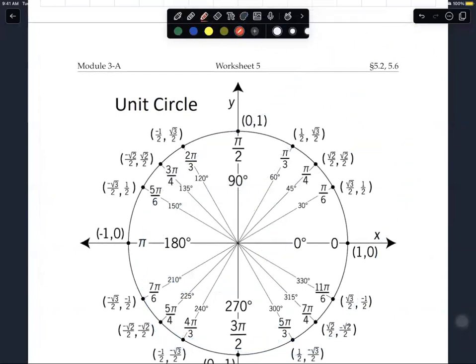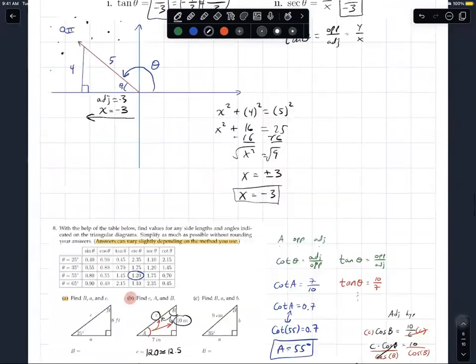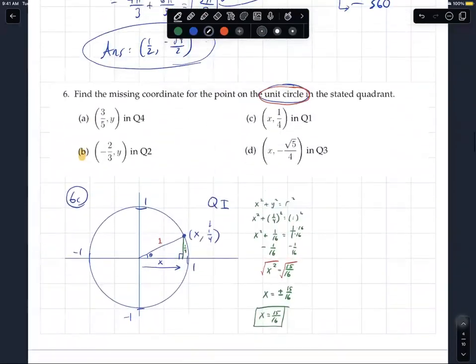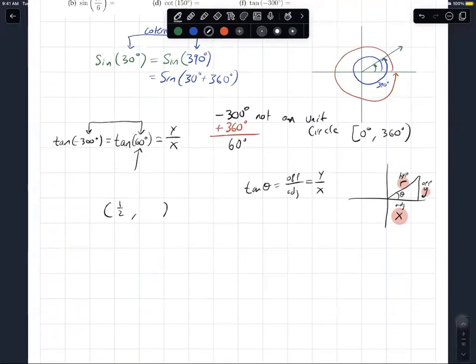It is this one right here: 1/2, square root 3 over 2. And this is an x and a y coordinate. And so this x and y are going to be used to find tangent. So 1/2, square root 3 over 2.